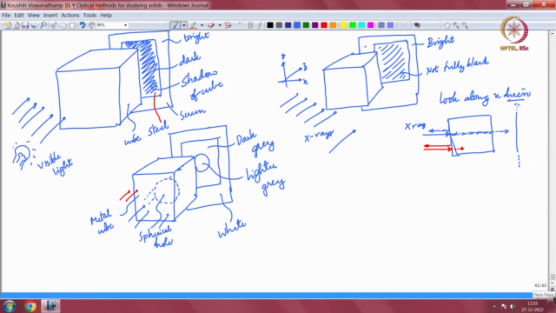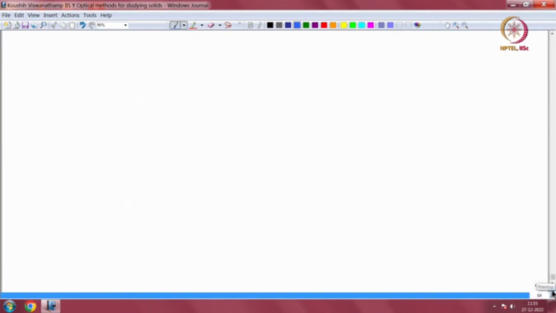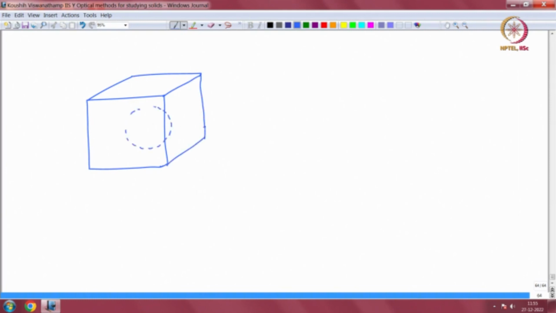To do that, let us now cook up another example. We will take two boxes or two cubes. The first cube is the same as our cube with the spherical hole that looks like this, and we are going to pass X-rays in this direction. This was our Z direction, remember.